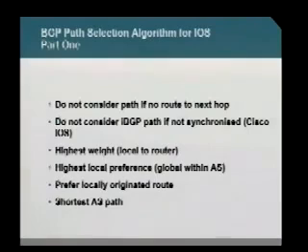Now, the BGP path selection algorithm. These are basically the steps that BGP goes through to try and figure out what the best path is. I've put in the one here basically from Cisco IOS.